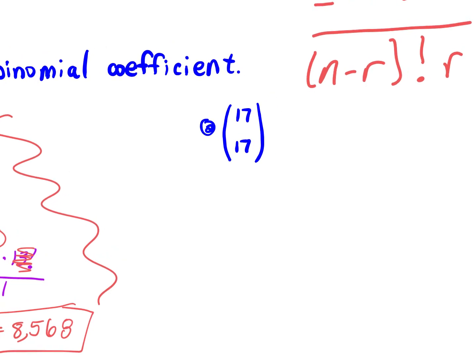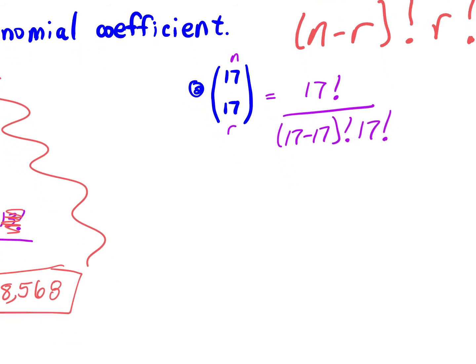So then I go here, uh-oh, this is written differently. And the numbers are bigger. That means it's so much harder, right? Yep, first number you see is your N. Second number you see is your R. So this says 17 factorial over 17 minus 17 factorial times 17 factorial, correct? Okay, next step I need to see is some simplification. So 17 factorial over 17 minus 17 is 0.